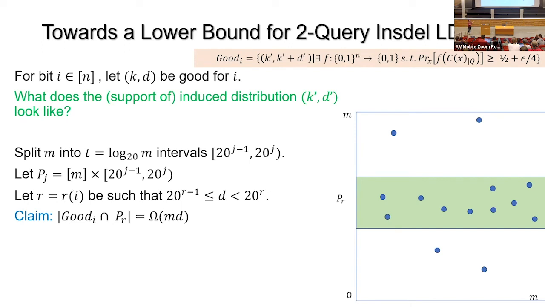So by the smoothness property and concentration property, we can show that the support actually has a constant fraction of such pairs.